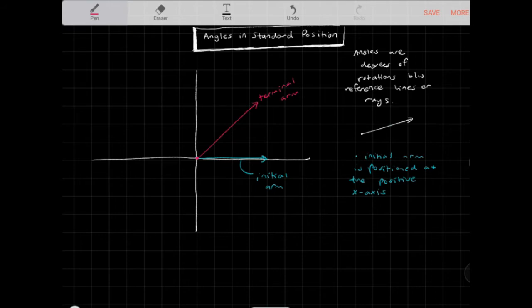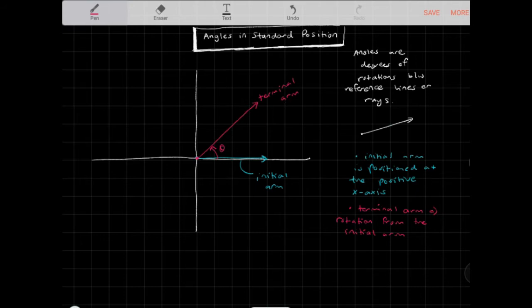Okay, and the terminal arm is some rotation from the initial arm. Okay, and the degree of that rotation can be assessed by an angle theta. So this is theta. It's a degree of rotation between the terminal arm relative to the initial arm.